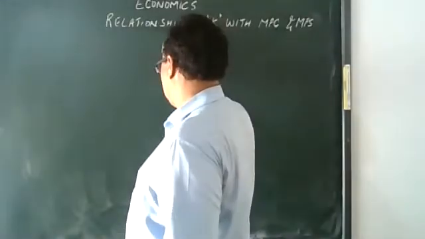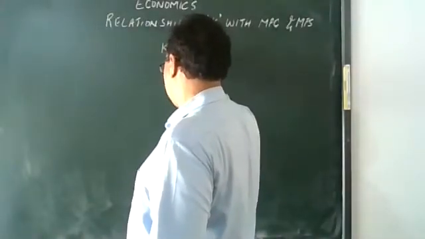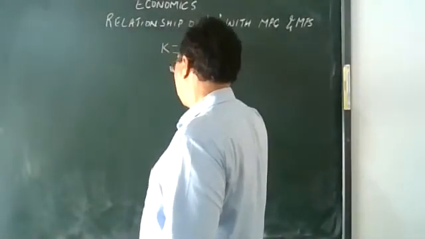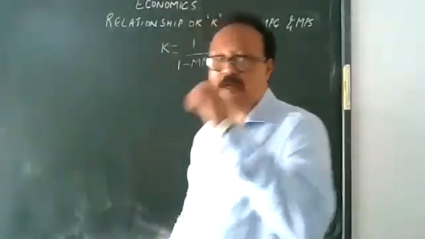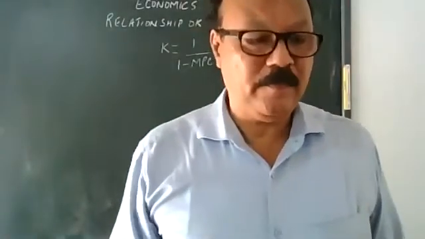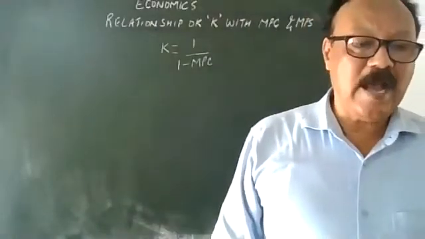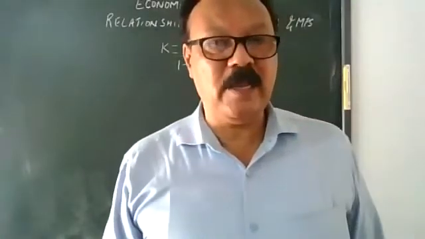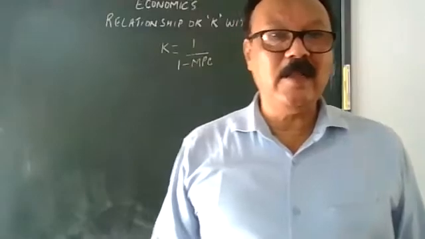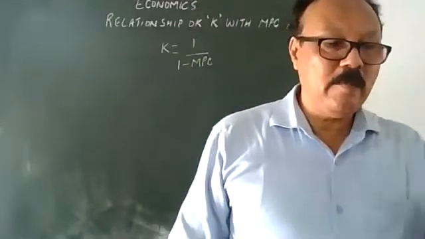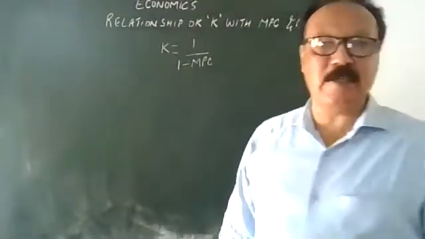K is equal to 1 upon 1 minus MPC is how we will calculate the multiplier from MPC. Okay, now there's a direct relationship between MPC and the value of K. Higher the MPC, higher will be the value of the multiplier. Let us take an example.